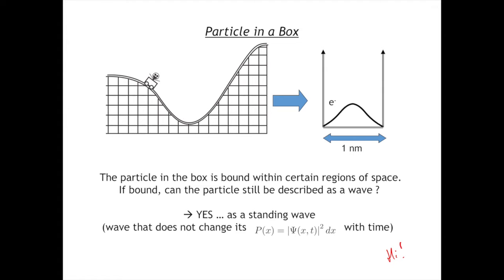Hi, this is Dr. Matsuko with a short micro lecture on particle in a box, sometimes also called one-dimensional infinite potential well. That's the more technical name. I prefer to call it particle in a box.